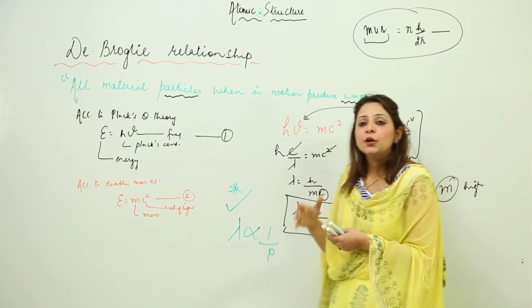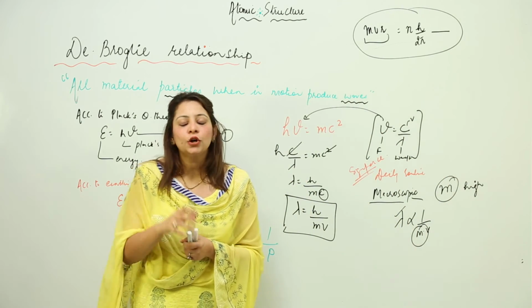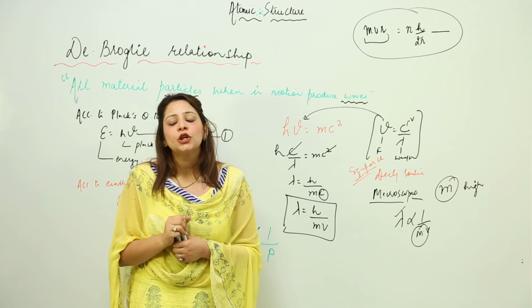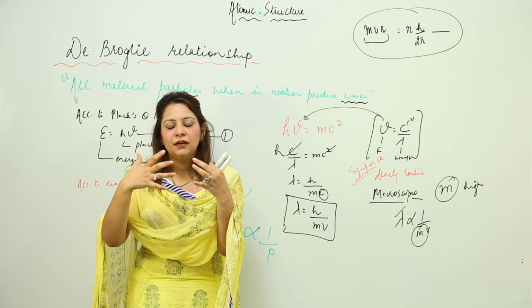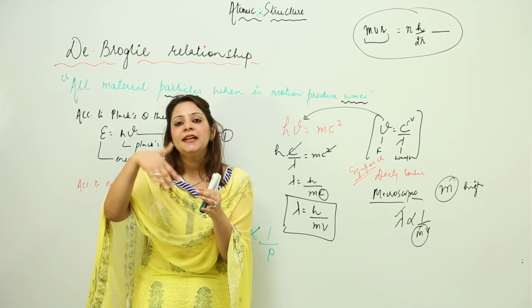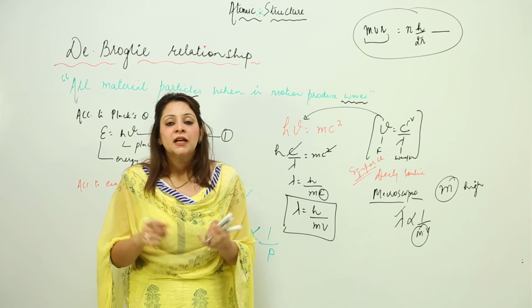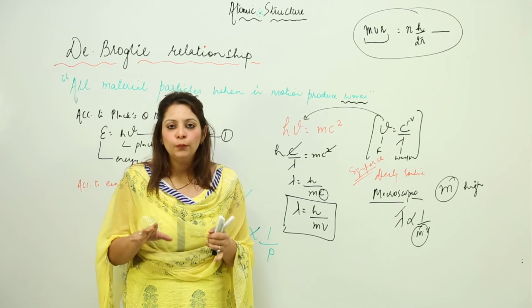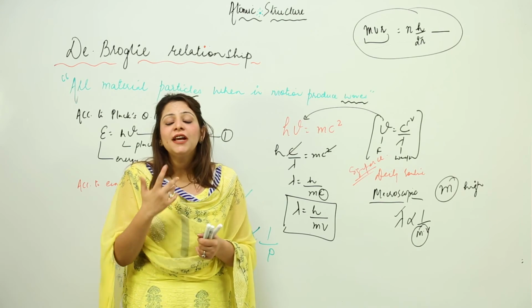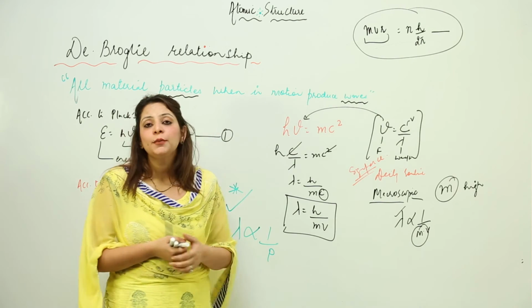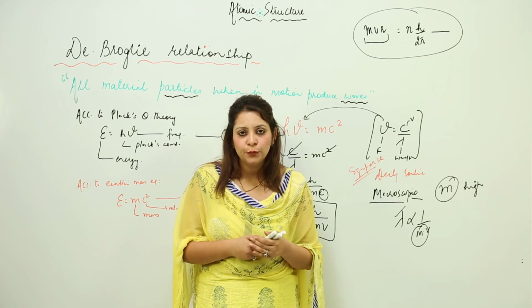Now, according to Bohr, if we talk about electrons, we have a nucleus, and in the extra nuclear part electrons are present. So are they stationary? No, they are moving, right? If they are moving, then according to de Broglie they should produce a wave.